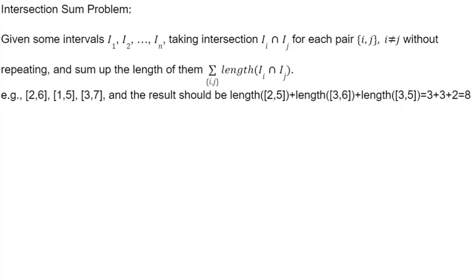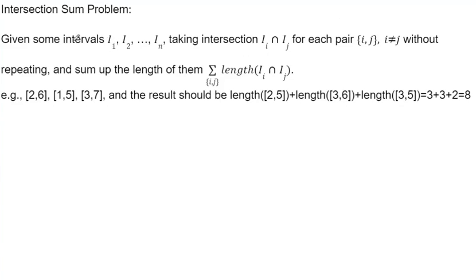So let's take a look at this problem. We call it the intersection sum problem. The problem says, given some intervals I1, I2, all the way up to IN, we want to take the intersection of each pair, Ii intersect Ij, where i and j are not repeating.